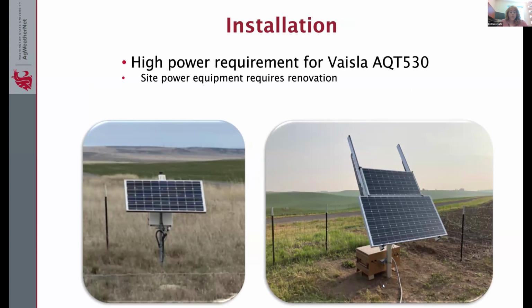Since most of our towers were built before we decided to install AQ sensors, a majority of their power stations were built with this old style. I have a picture of this old style right down here on the left. It just has that single solar panel. On the right, we have a picture of our new power station, which has the two solar panels and increases the power capacity. So we are having to go back to these towers and revamp the power stations.